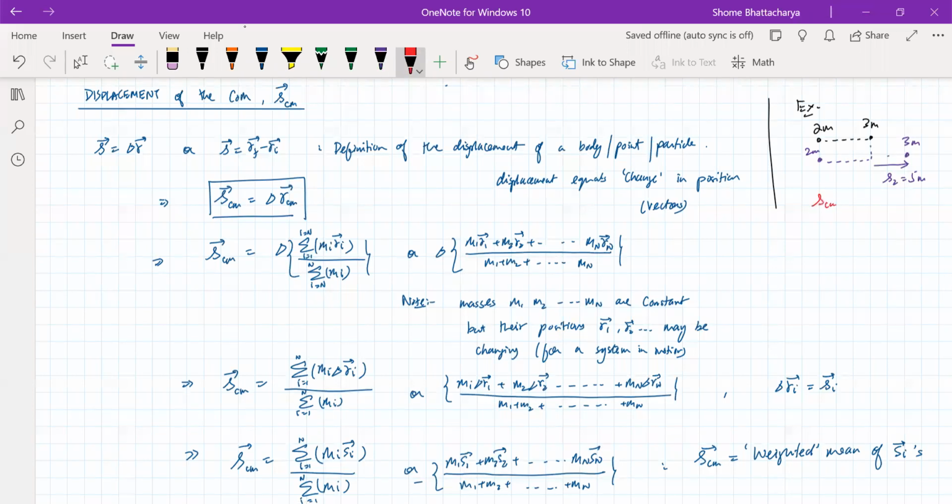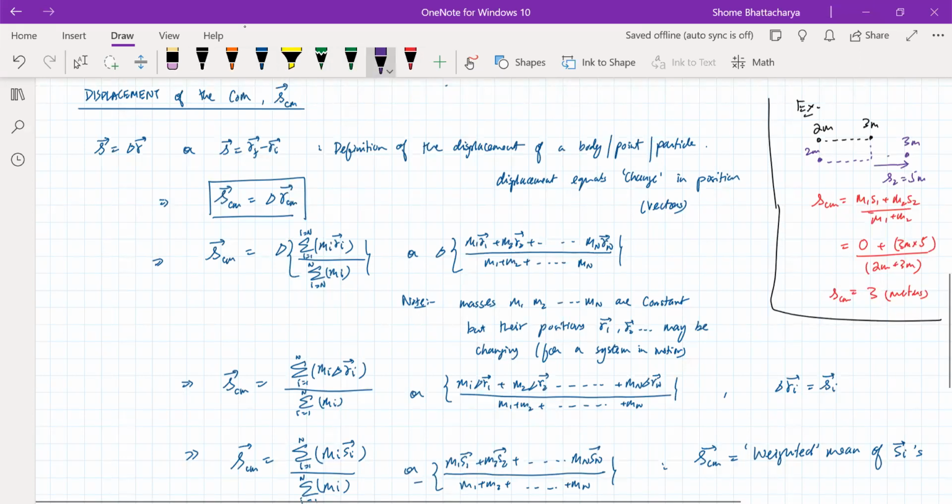Displacement of center of mass would have been 0, but this would have been 3m into 5. Okay, so this is a more direct way of doing this type of a question.